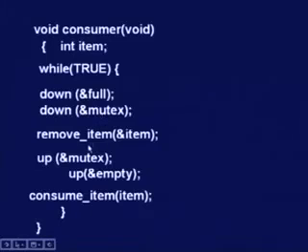So it does that, removes the item, ups mutex, which means that it increases the value of mutex. It ups empty. So it simply means that now there is one empty. Earlier there was no empty. Now when the value of empty becomes 1, it consumes the item, and this is the loop that it gets into.